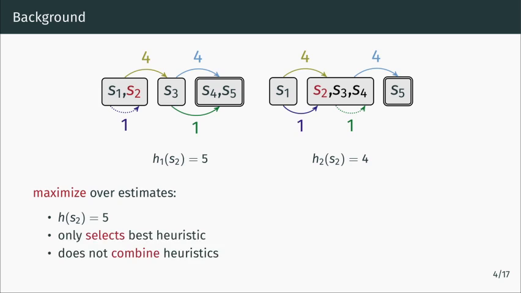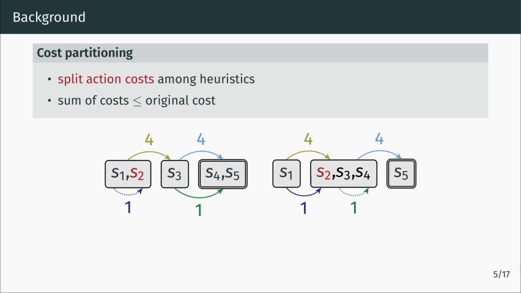What we really want to do is actually combine the heuristics, and we use cost partitioning for this task. Cost partitioning works by splitting the action costs among the heuristics, so that the sum of costs doesn't exceed the original cost. An example would be that we assign this operator a cost of 2 here, and in this abstraction a cost of 1. 2 plus 1 is still not more than 4, so we're good.